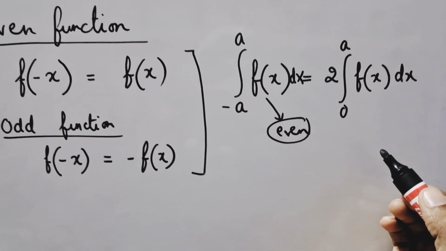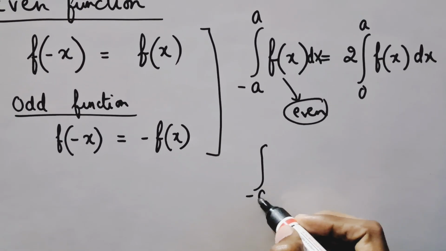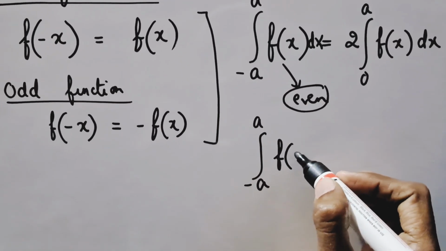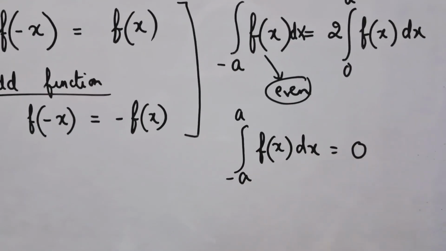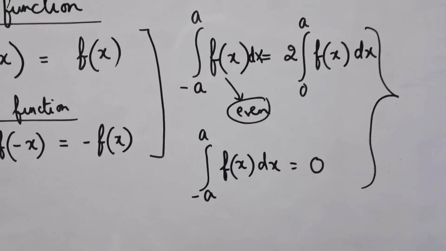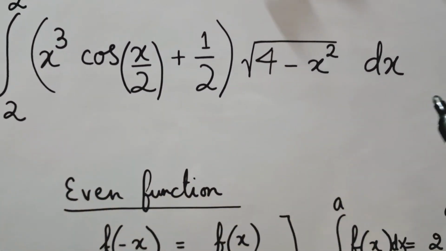Similarly, if it is an odd function, then minus a to a f of x dx is nothing but 0. These two properties of definite integrals will be used in this integration question.